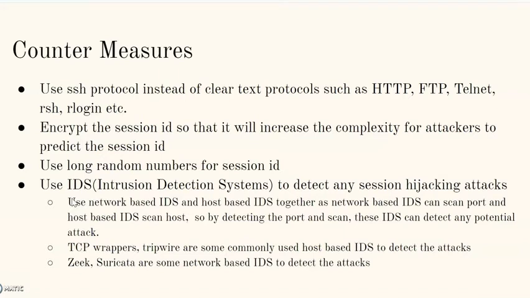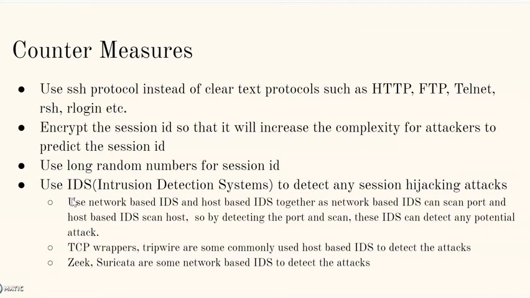Use network-based intrusion detection systems and host-based intrusion detection systems together, as network-based intrusion detection systems can scan ports and host-based intrusion detection systems can scan hosts. So by detecting the port scans, these intrusion detection systems can detect any potential attack.